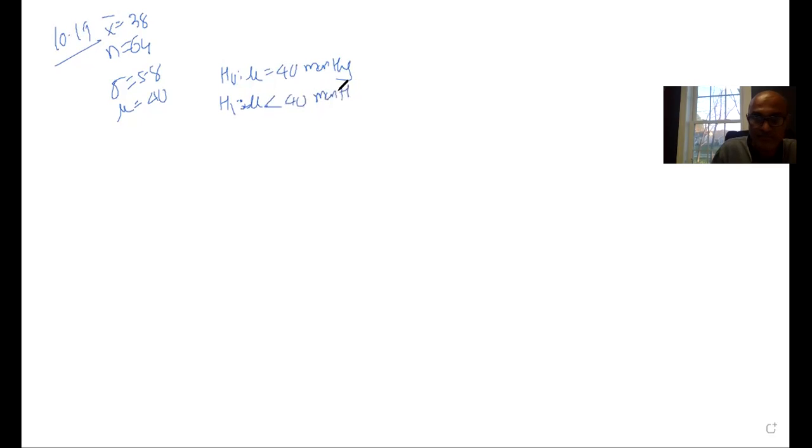That's what it says. And now I would like to go for my Z score. So Z is X bar minus nu divided by sigma over square root of N, and that is equal to 38 minus 40 divided by 5.8 over square root of 64, and that is equal to negative 2.76.